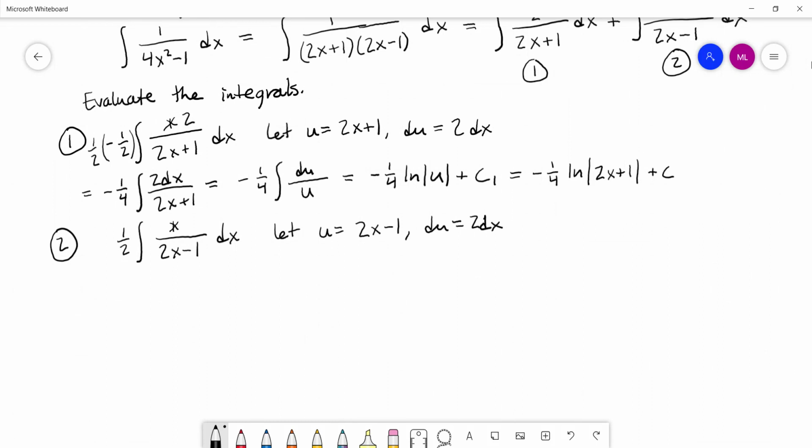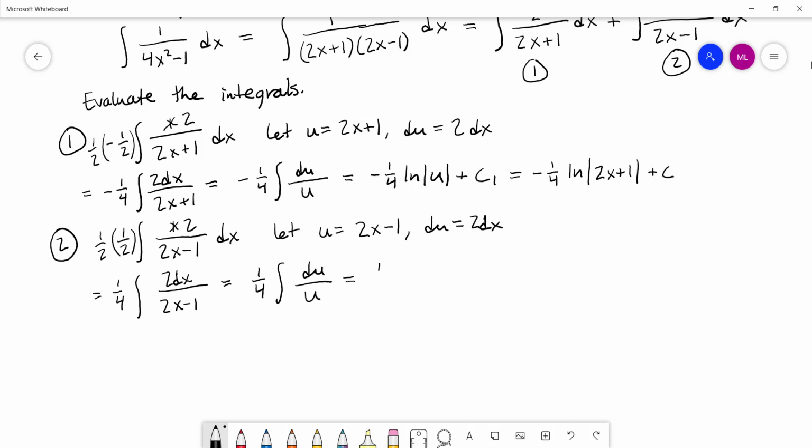I'm going to change the 1 into a 2 and account for that by putting another factor of a half out in front. And we will wind up with positive 1/4 this time times the integral of 2 dx over 2x minus 1, which is 1/4 times the integral of du over u.